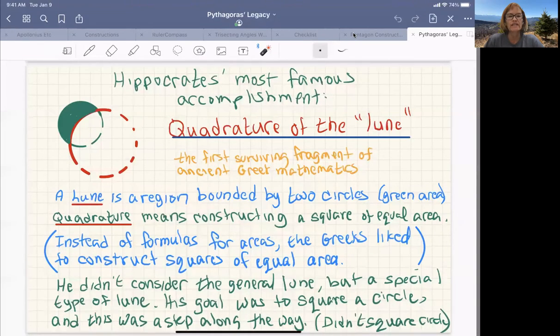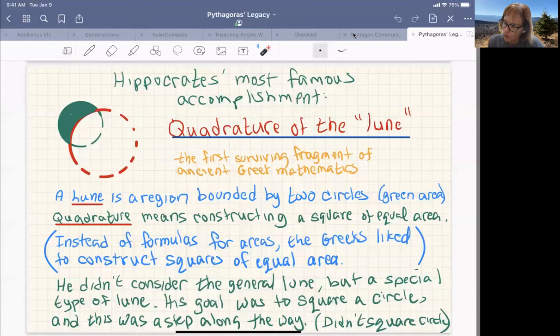This video is about Hippocrates' most famous accomplishment, known as the Quadrature of the Lune. First of all, what is a lune? A lune is the shape that you get by taking a circle and another circle.